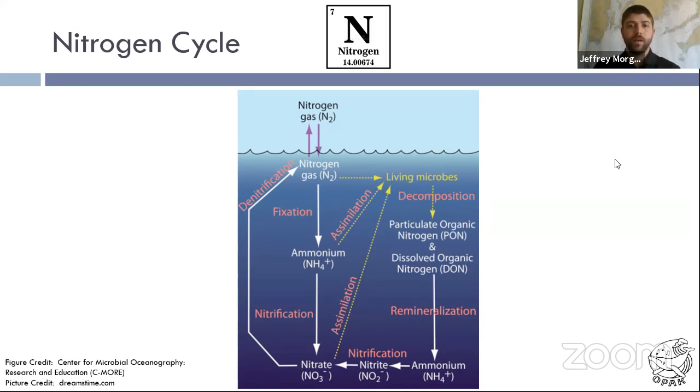And once you have one form of an element like nitrogen, it can change into many different forms and enter into the system, exit the system, be used and recycled. It's very complicated, but I just wanted to point out that each element does have its own chemical cycle and they are reliant on each other.